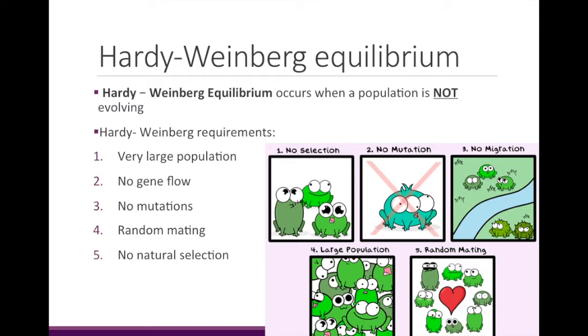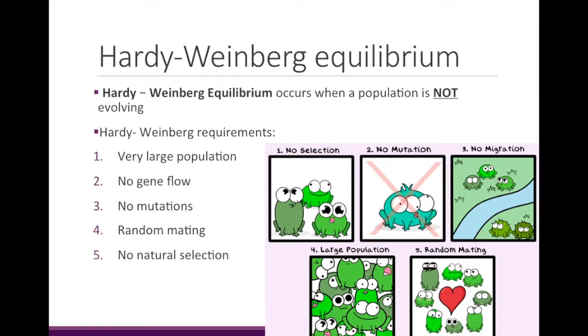So if I have a population of 10 frogs, and I see one individual that randomly fluctuates, that's a 10% change. But if I have a population of 10,000 frogs, and only one individual sees that random fluctuation, then it's only a 0.01% change. The smaller change won't have as large of an effect on that population.